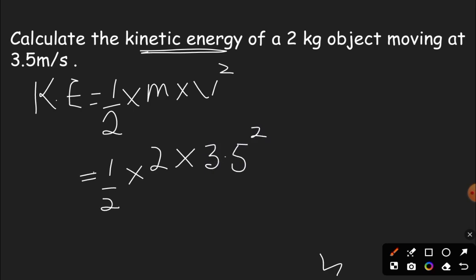Half times 2 is 1. Then 3.5 squared is 12.25 joule. And take note that work and energy are synonymous, with the same units; without energy you can't do work. 12.25 joule.